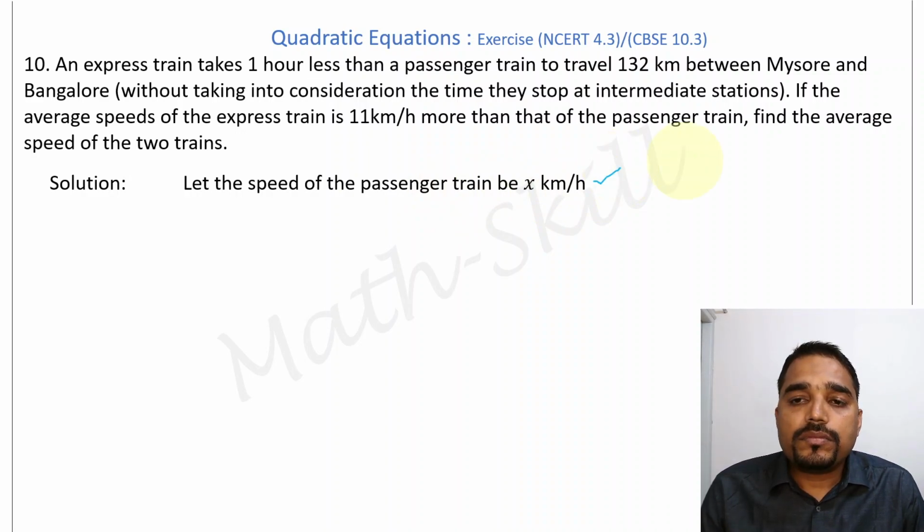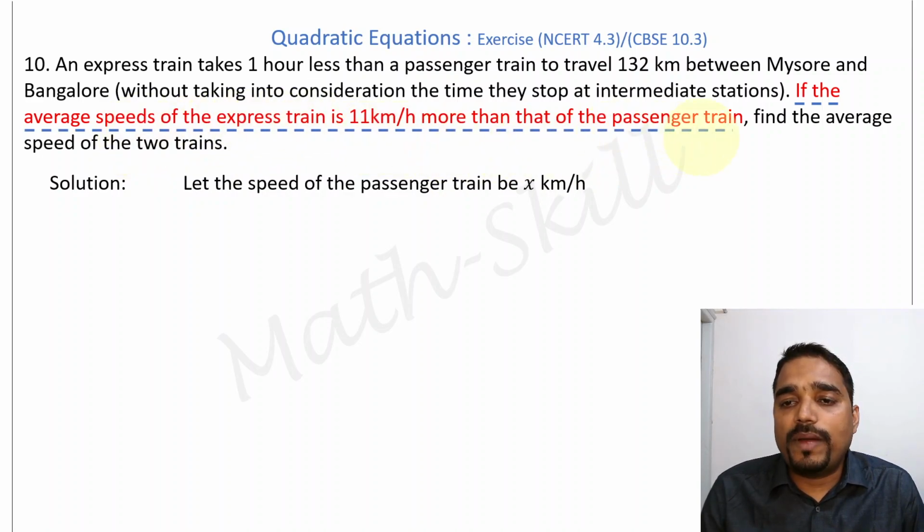Now, the given data says the average speed of the express train is 11 kilometers per hour more than that of the passenger train. That is, he is giving the speed of the express train in terms of the speed of the passenger train.